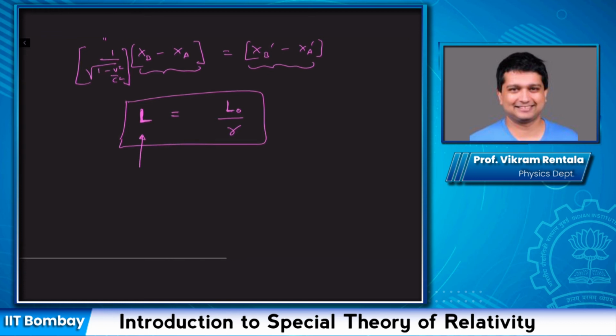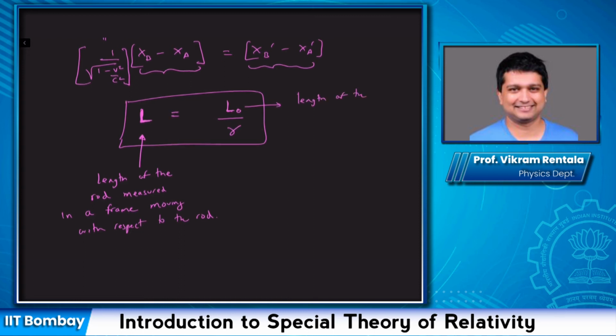So this quantity L is the length of the rod measured by an observer or a frame, or measured in a frame moving with respect to the rod, and L naught is the length of the rod in its rest frame.